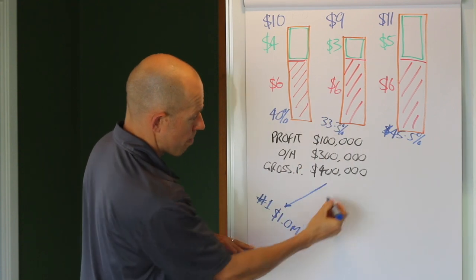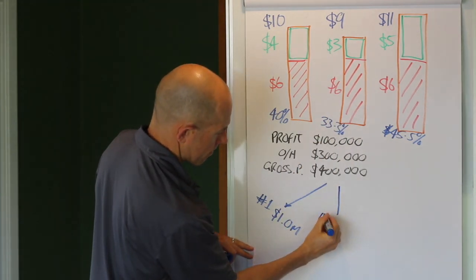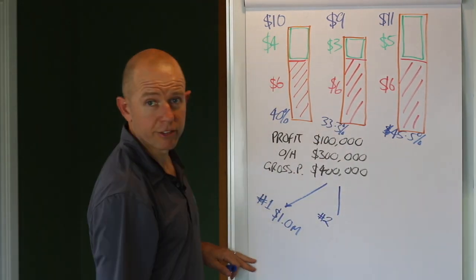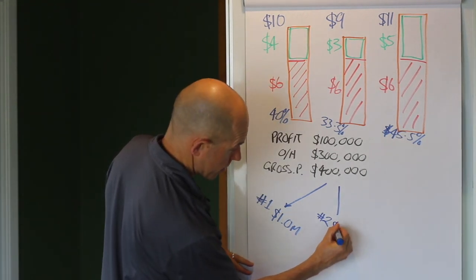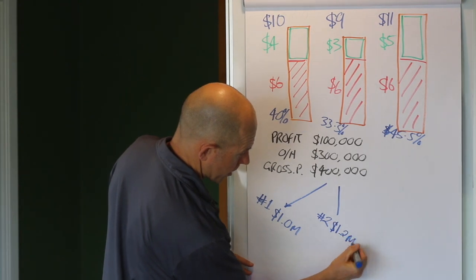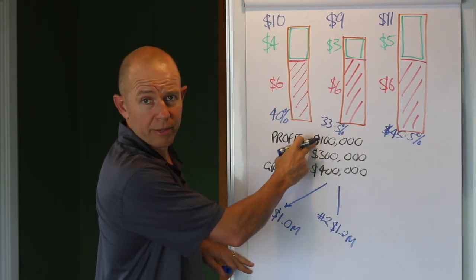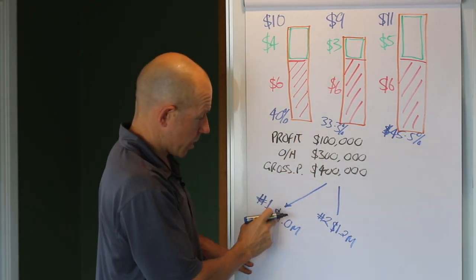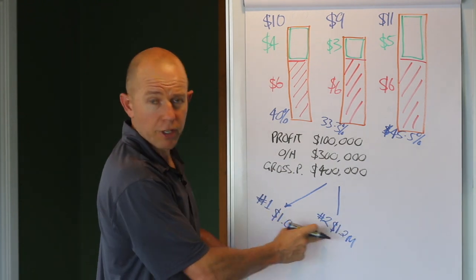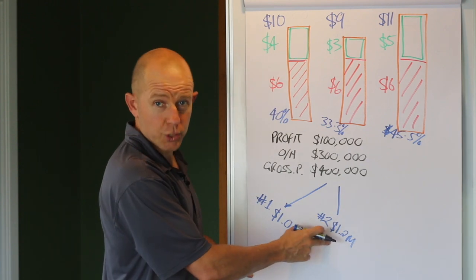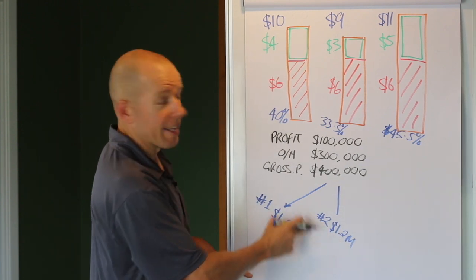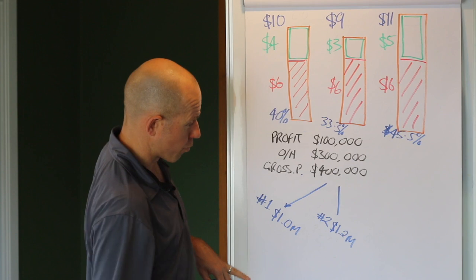Scenario number two, you'd have to do $1.2 million in sales to make $100,000 in profit. So immediately between the two here, you've got to do 20% more in sales. That's working 20% harder to make the same amount of money as situation one.